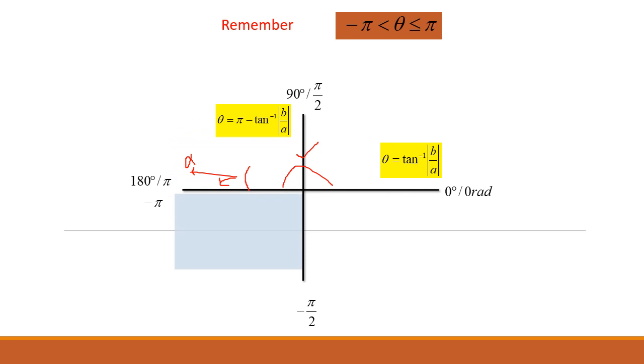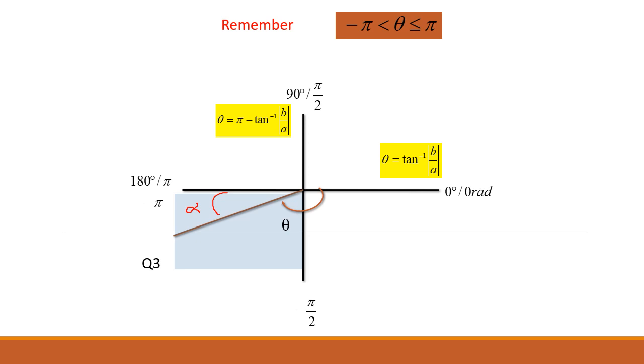And then for the third quadrant, our angle should be measured from the positive real axis. So this is our angle. How do we find it? The same as the second quadrant. We can find the angle here, let's say it's alpha.